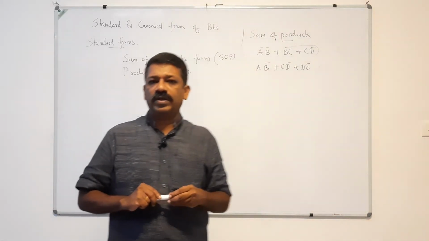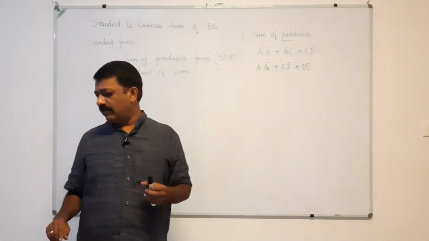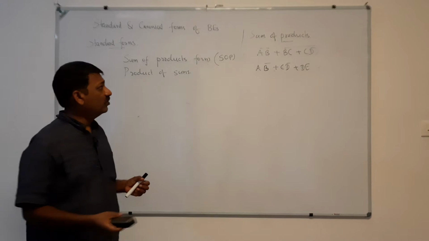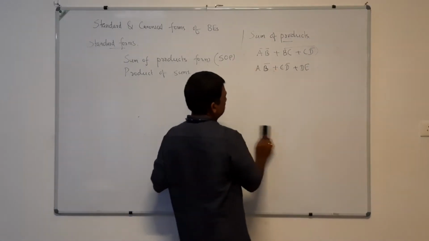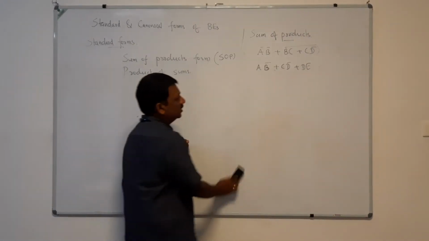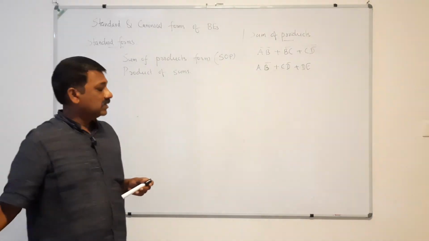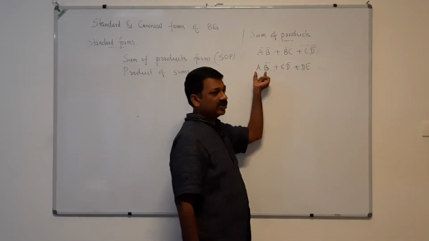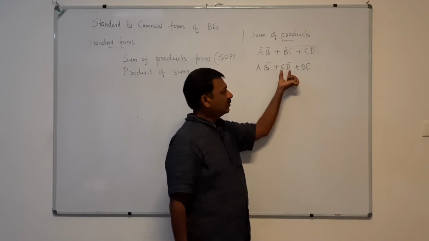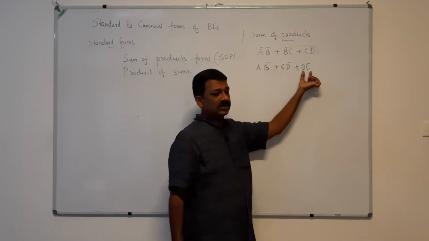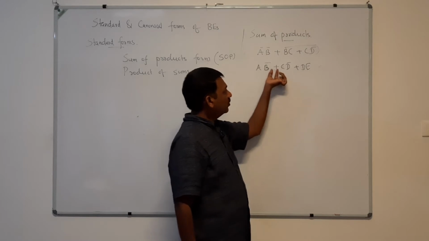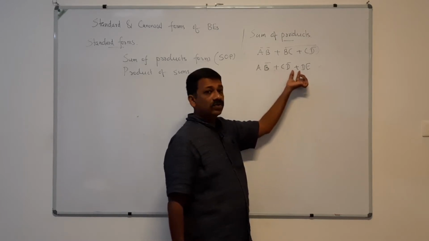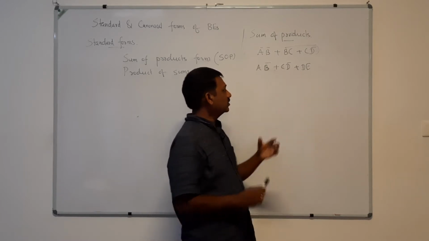Sum of products. Now, how do we implement this? Here, this is a multiplication, this is another multiplication and another multiplication, and after that you do the OR operation.